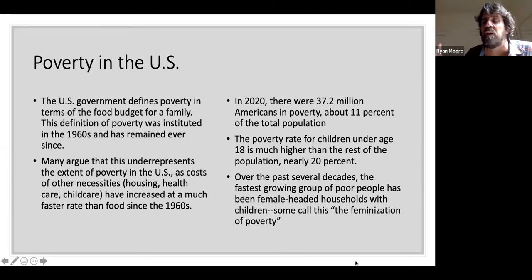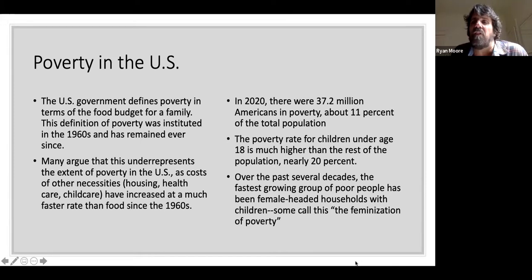So the poverty line depends on how many people are in the family, and then what part of the country you're in. So the poverty line in California is a little higher. I think maybe it's like $34,000 or something for a family of four.